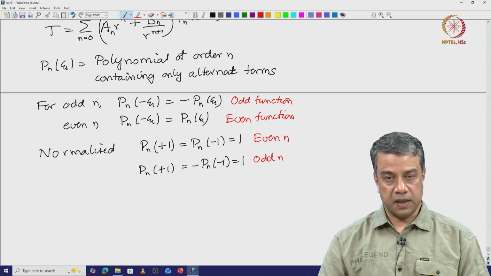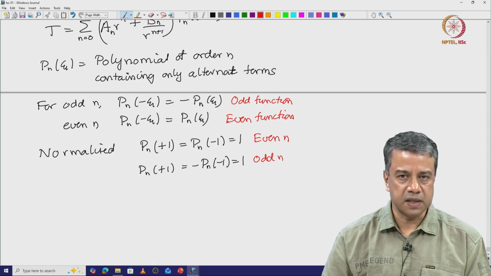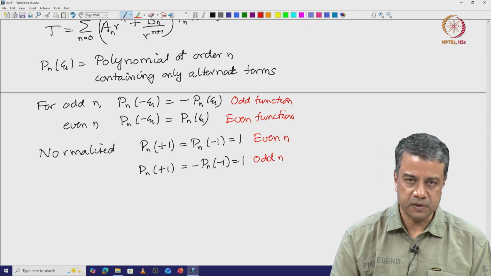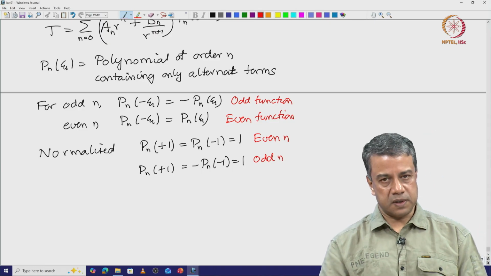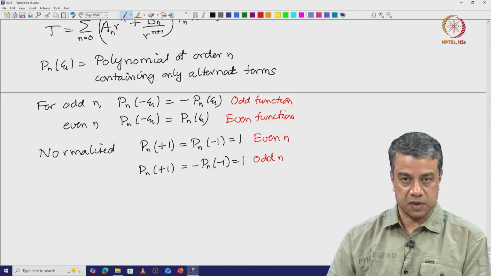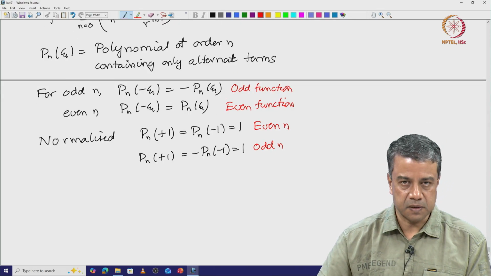So, for odd n, Pn is 1 at psi equals 1 and minus 1 at psi equals minus 1. For even n, Pn is 1 at psi equals 1 and 1 at psi equals minus 1. So, that is the normalization that is chosen for defining these Legendre polynomials.